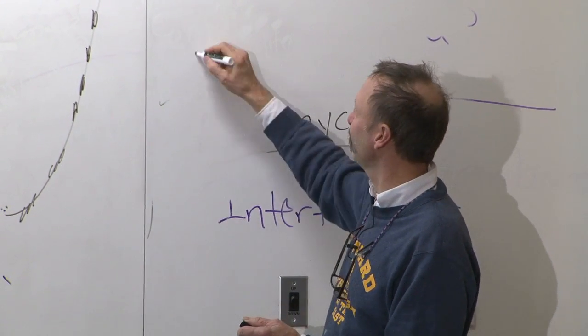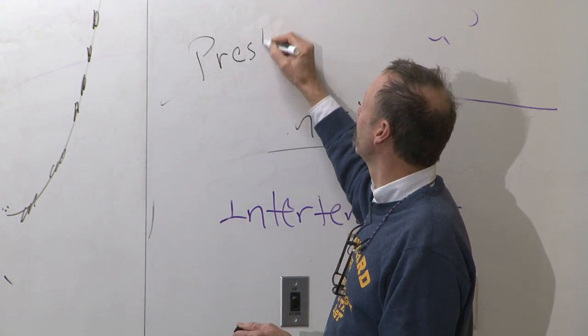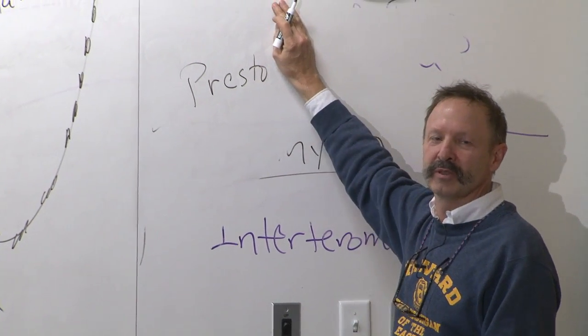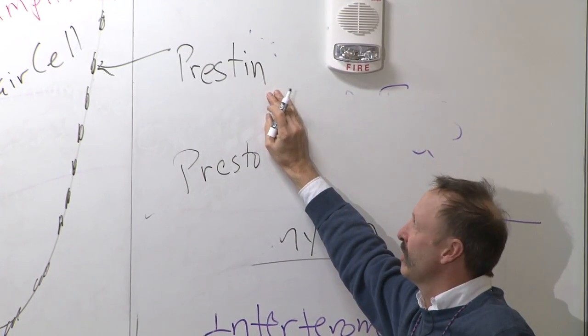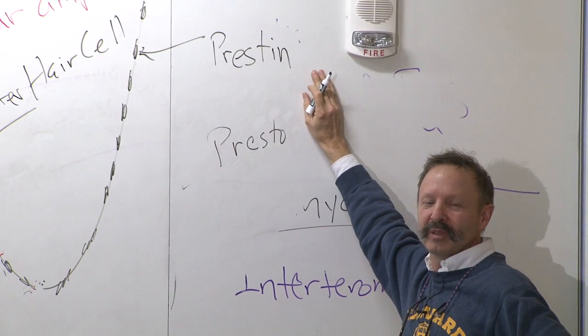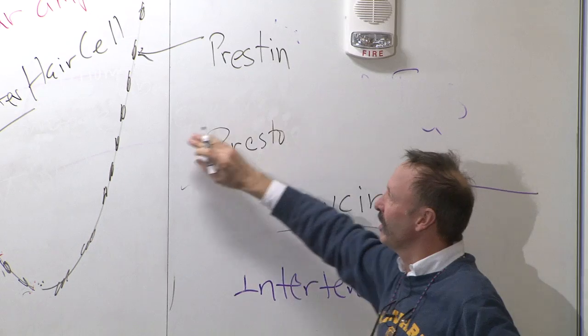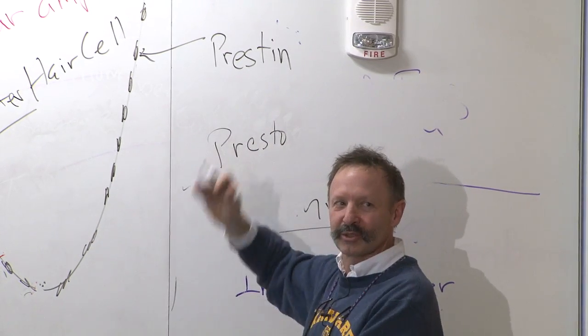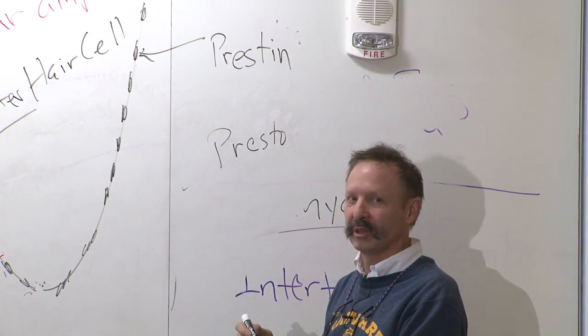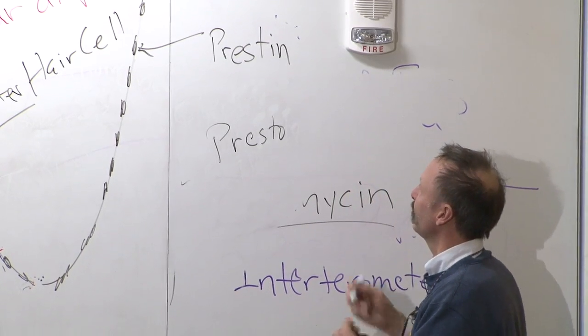Presto. Presto, right. And this protein was named Prestin because, at least at the time it was discovered, the idea was, oh, okay, maybe it's the cochlear amplifier protein, and it makes these outer hair cells shorten and contract really quickly, very fast. So we'll call it Prestin.